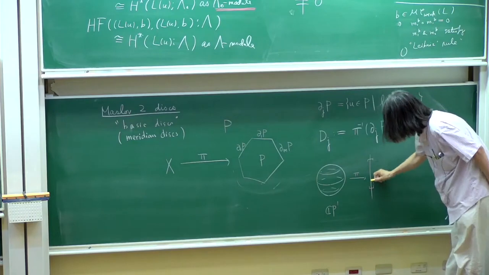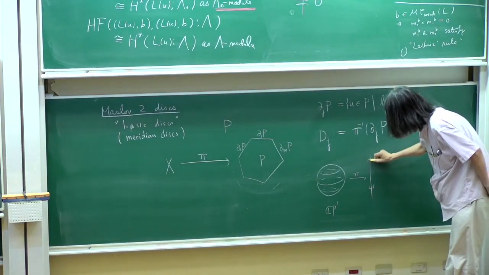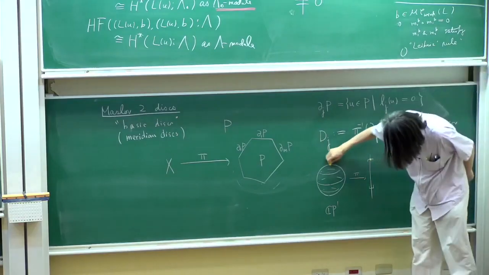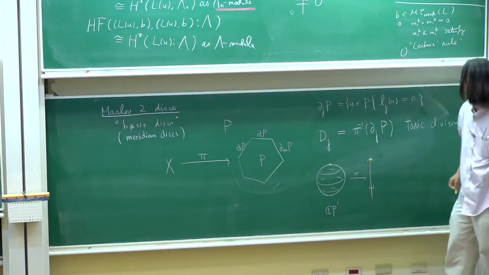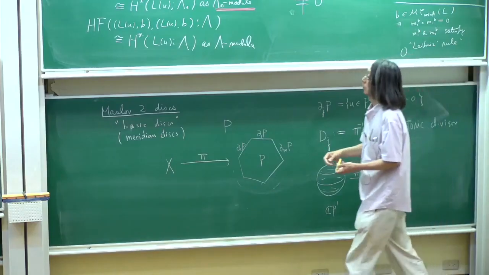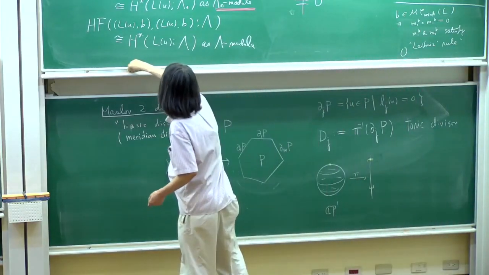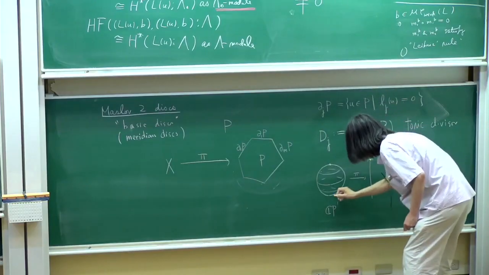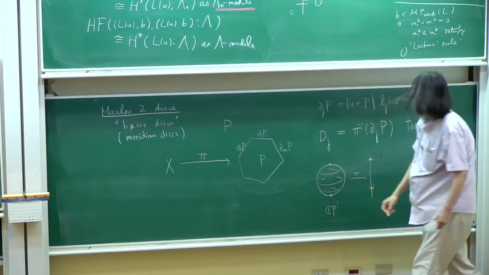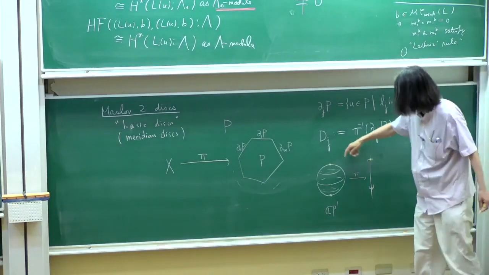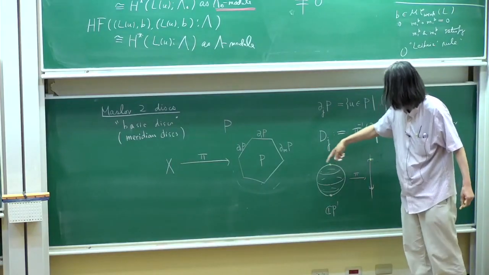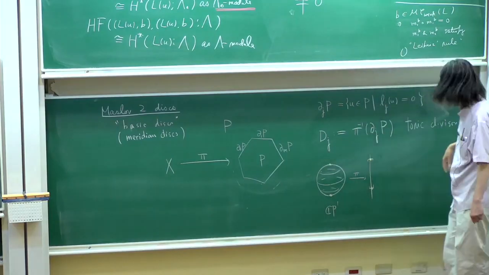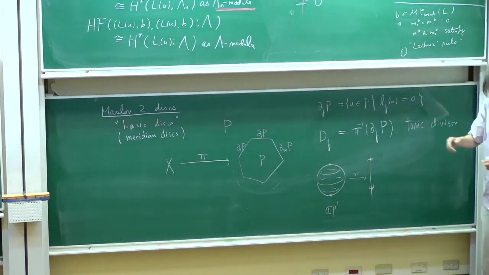This is P, and this is a boundary, a codimension 1 boundary, and this corresponds to just one point, like a north pole, and the other one may be the south pole. So these two are divisors, and a point is a divisor on a surface, I mean curve, and it is invariant under the torus action, right? So therefore it's a toric divisor.